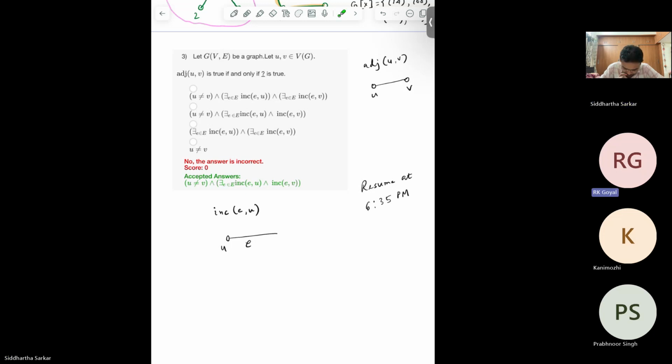However, in the second option, there is a guarantee that the same edge e is incident on u as well as on v, thereby implying that there is connectivity between u and v.